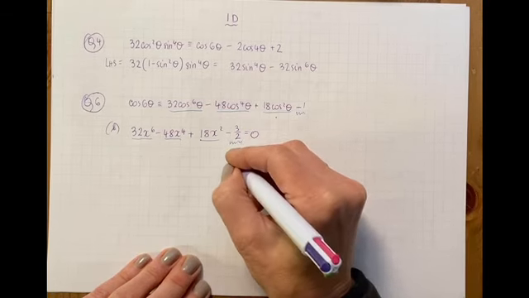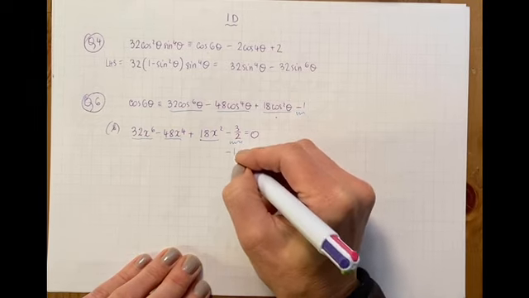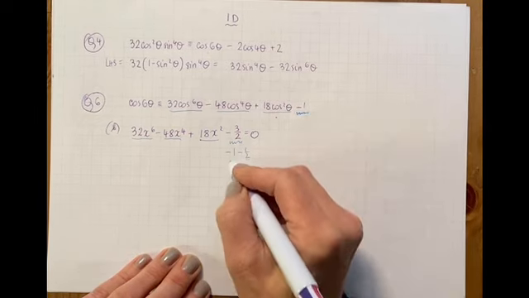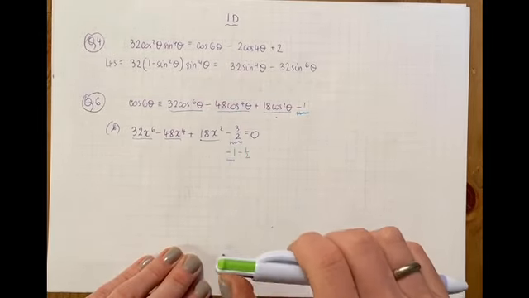But minus 3 over 2 is minus 1 minus a half. So you actually do have minus 1. Just you've got this minus a half that's left over.